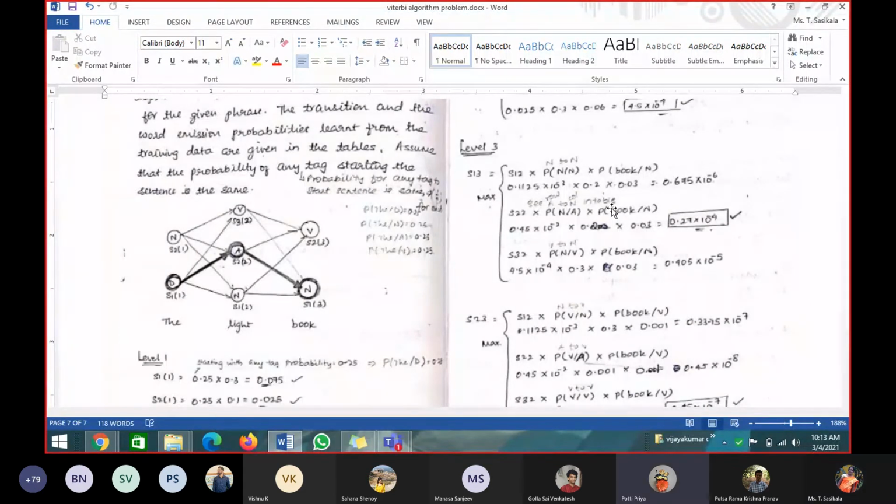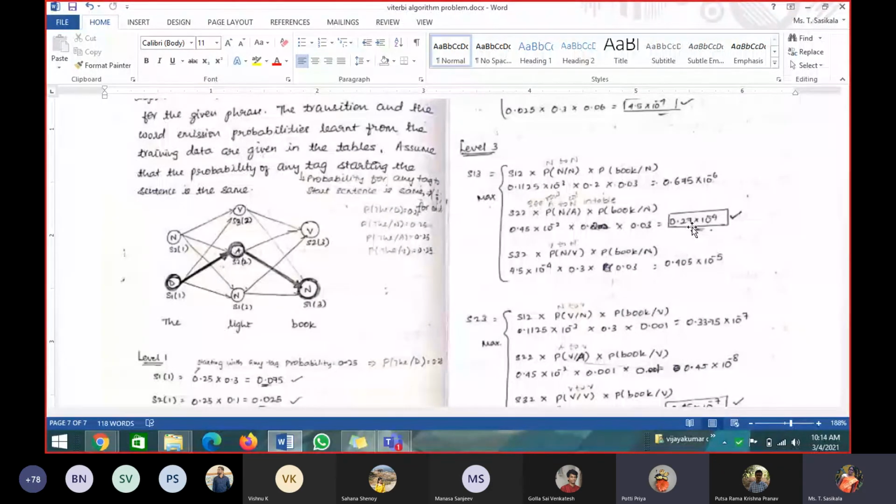Same values we got for S13, ma'am. That middle one from S22 is highest. Oh, so S12, what is the value you are getting? I think here they are getting different values. S12, what is the value you are getting? Yes, ma'am. 0.675 into 10 power minus 6. For S22, 0.27 into 10 power minus 4.